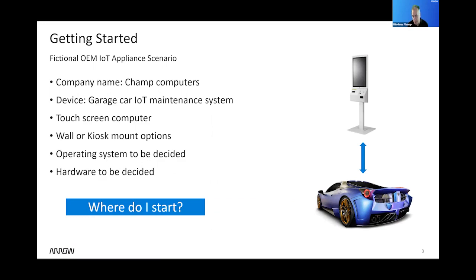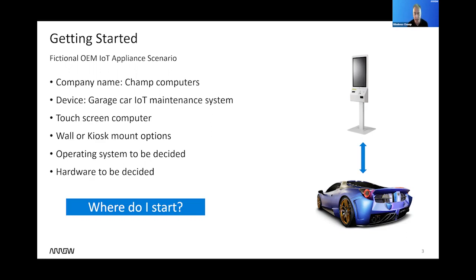So what I wanted to do is give a fictional OEM example, an example of what happens here at Arrow almost daily, where a new OEM comes in. They may be an old OEM with a new project, or a first-time OEM, and they've come up with this grand ideal that they want to build an appliance and sell it into the market. In this case, Champ Computers wants to build an appliance that you would put in your garage that would track the maintenance of your car.